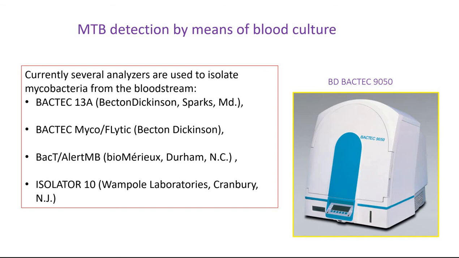So, among additional tests is the detection of Mycobacteria tuberculosis by means of blood culture. Currently, several analyzers are used to isolate Mycobacteria from the bloodstream. You can read it on the slide, and on the picture you can see how they look.